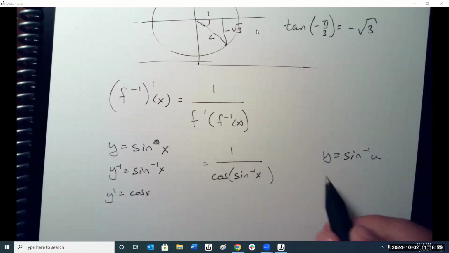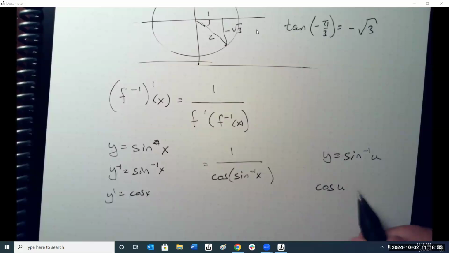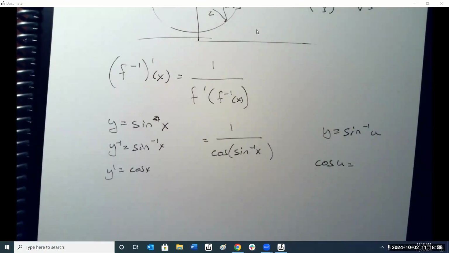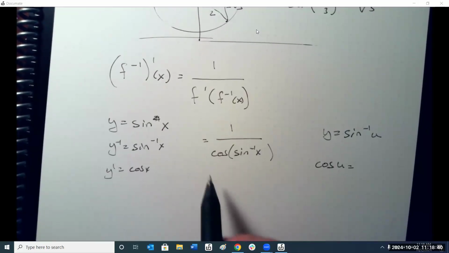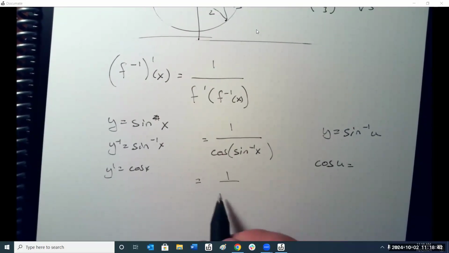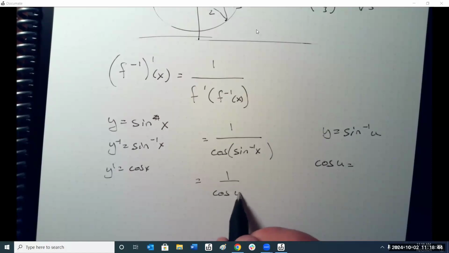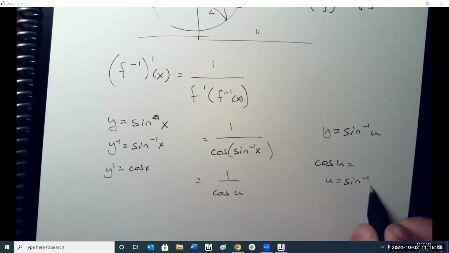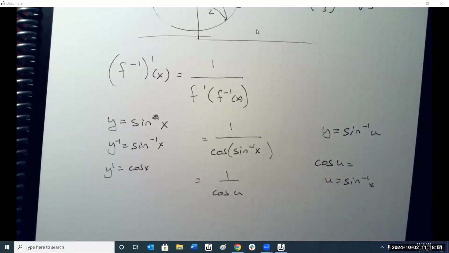So we have to use cosine u, because we have to expand it. So what we have here is 1 over cosine u, where u is the inverse of sine.